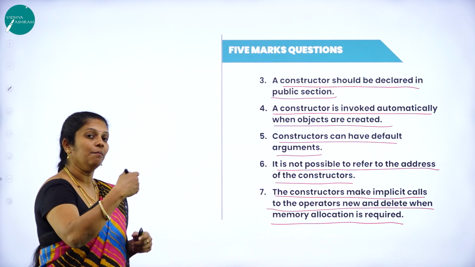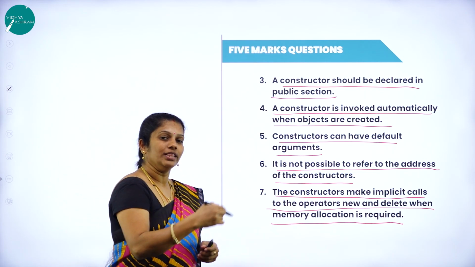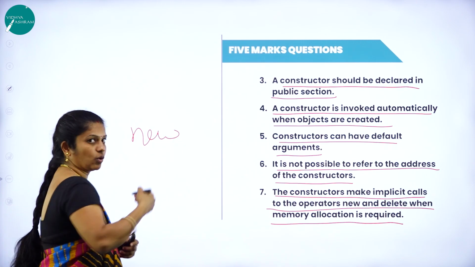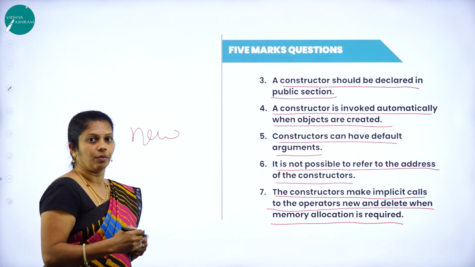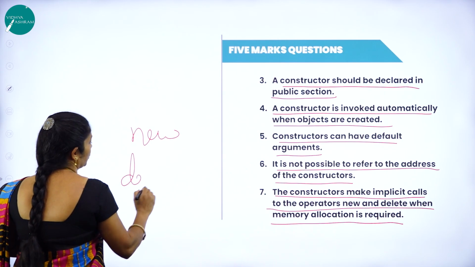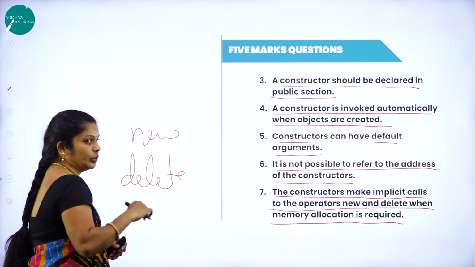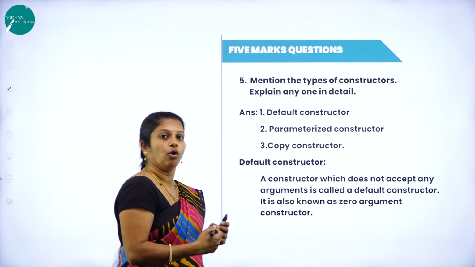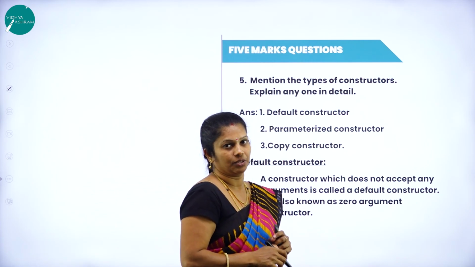Implicitly means by itself: whenever it needs memory, by itself it will call the new operator. Whenever it does not want memory, at that time by itself it uses the delete operator to delete the memory space. These are the few rules we have to follow while writing a constructor function.